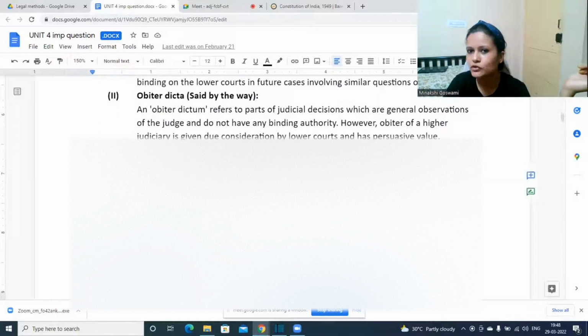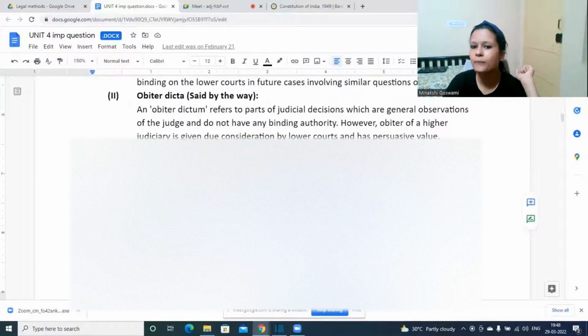The structure of the judiciary in all states is almost similar, with a little variation in names and designations, but otherwise they are almost the same. Under this hierarchy of courts, the decisions given by the Supreme Court are binding on all courts throughout the territory of India.